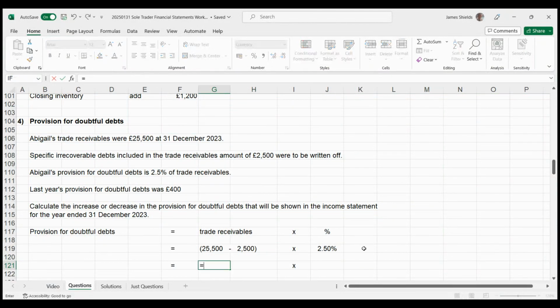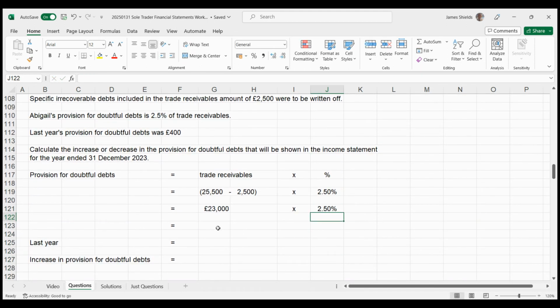So we now have got 25,500, take away 2,500, gives us 23,000. Going to times that by our 2.5%. So 23,000 times 2.5% gives us £575. That's the provision for this year in our provision for doubtful debts at the end of the year.